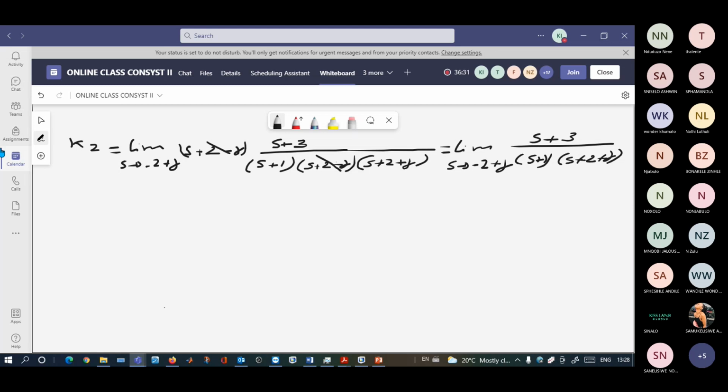So here K2 is going to be equal to, when we replace, let's just replace straight into the limit.